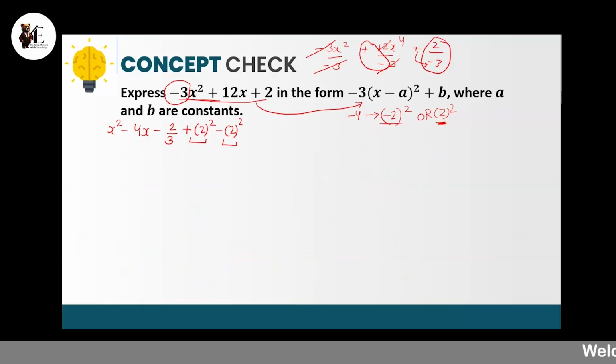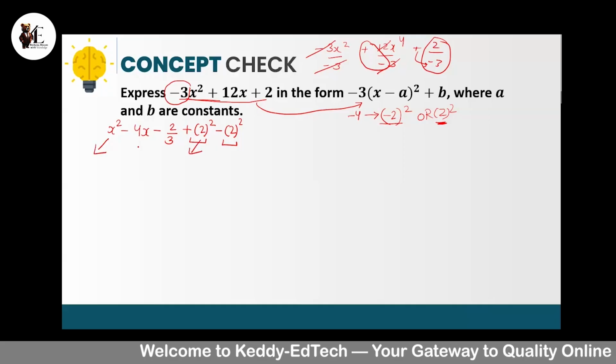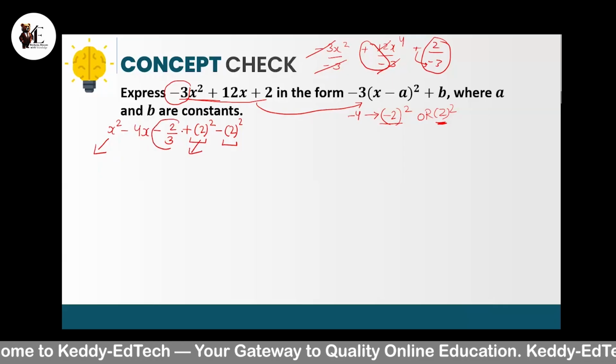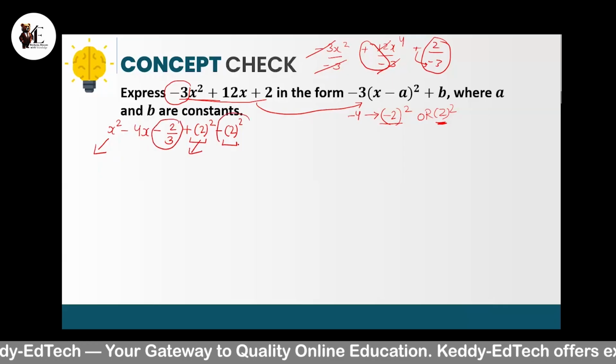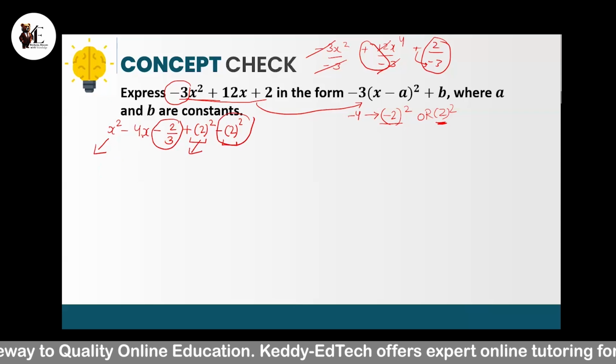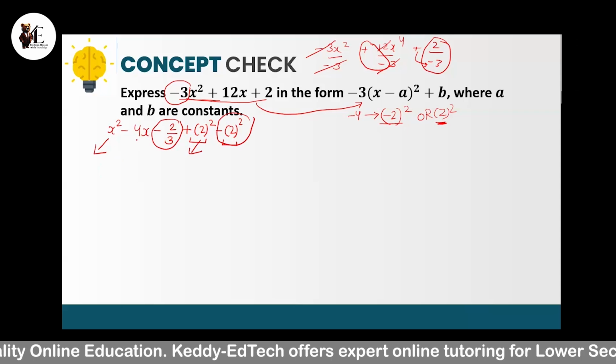So the next step was that you have to find the square term. So one of the square terms is this and the other square term is this, and these two are the constant terms. And you can see that all the terms are not positive.